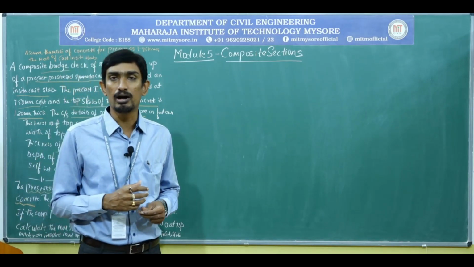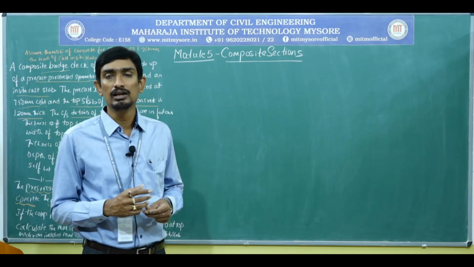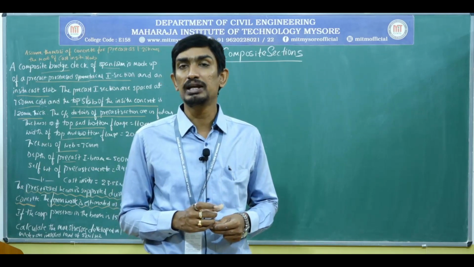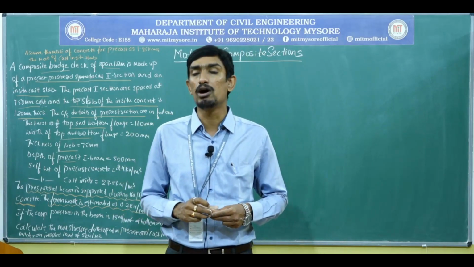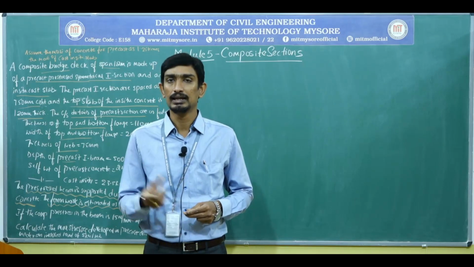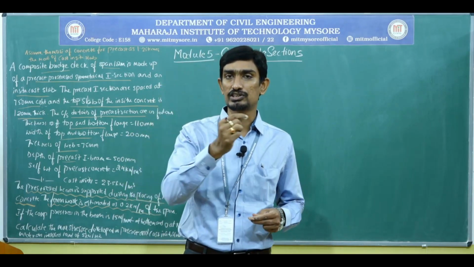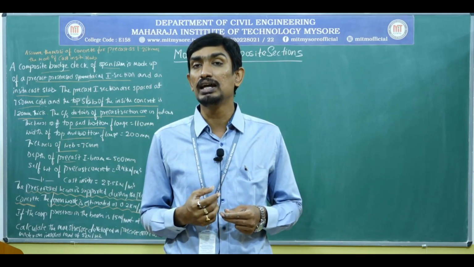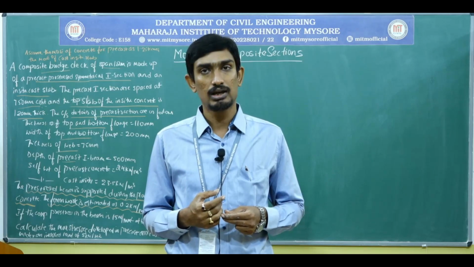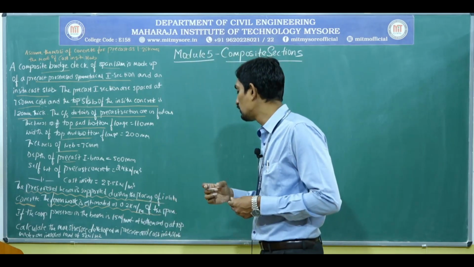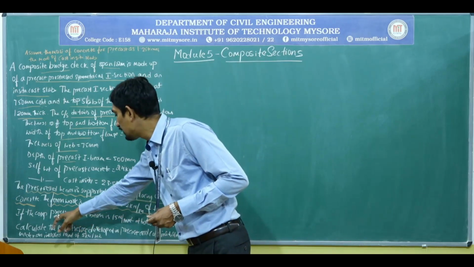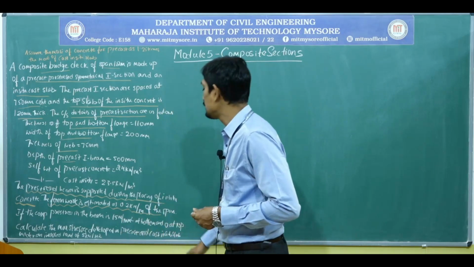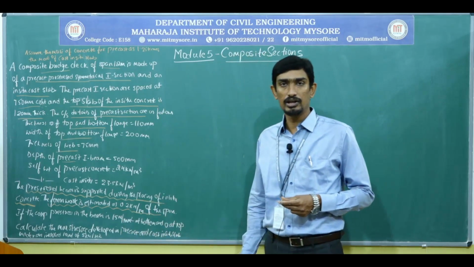But in this problem, they have directly given the compressive pre-stress developed in the composite section: 15 Newton per millimeter square at the bottom and 0 at the top. Did you get my point? So here you need not go ahead with that calculation.